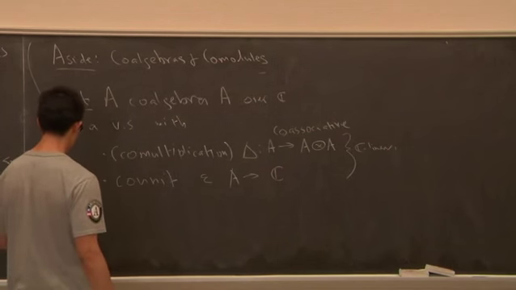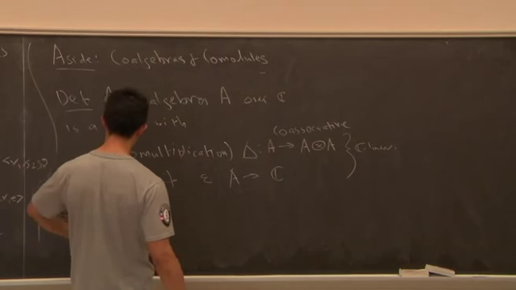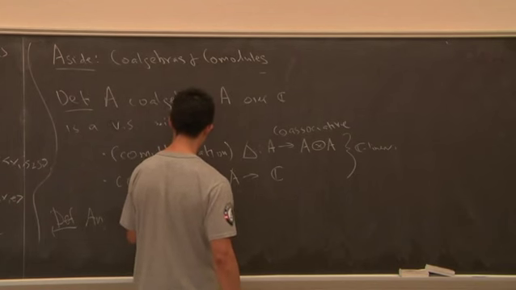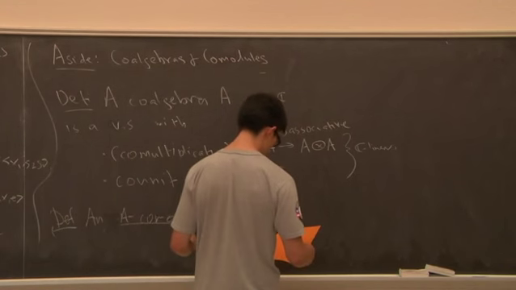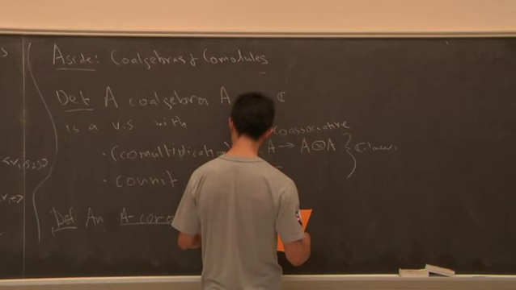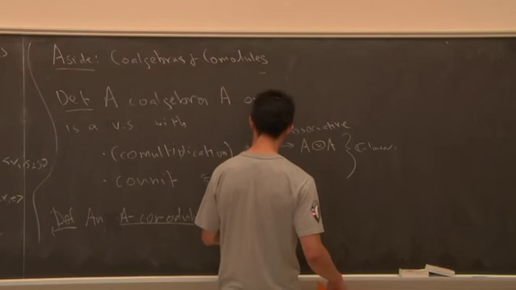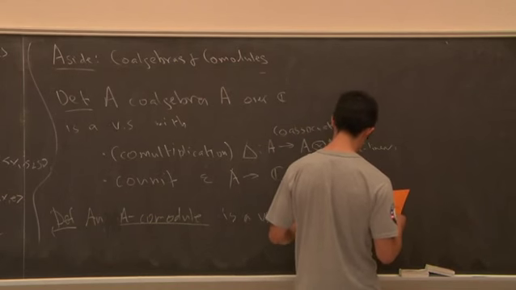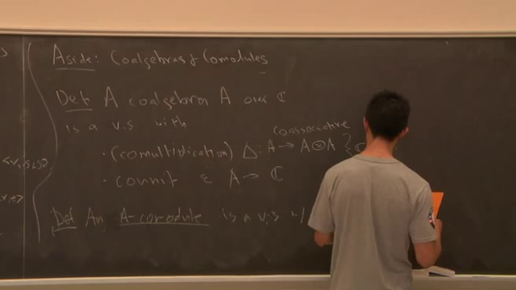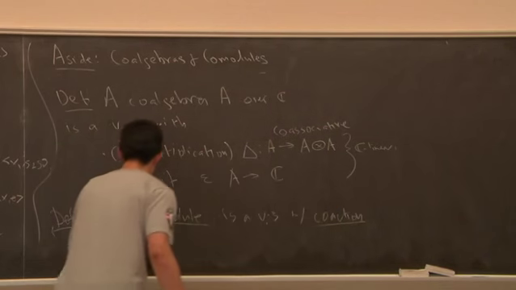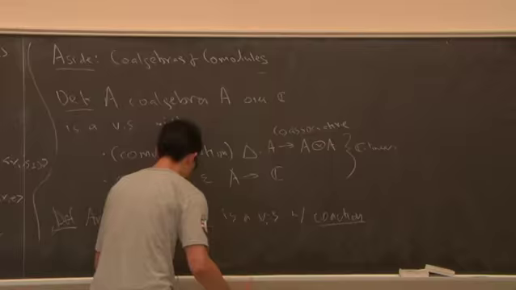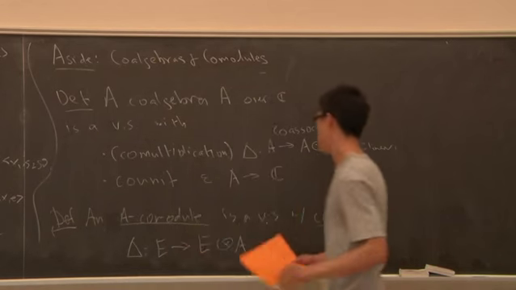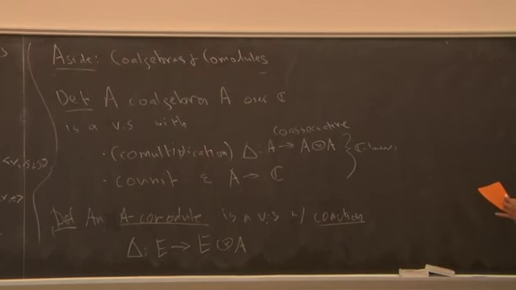And similarly, an A co-module is a vector space with something called the coaction, right? Maybe this is confusing too, but I'll call this map delta as well. It's going to send E to E tensor A, right?